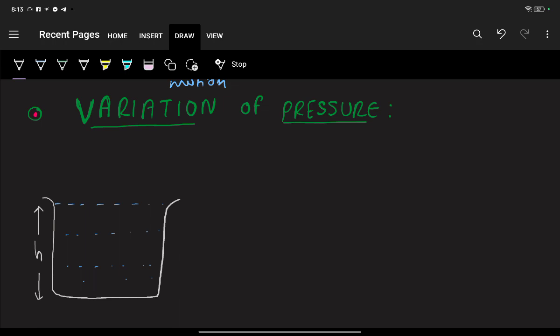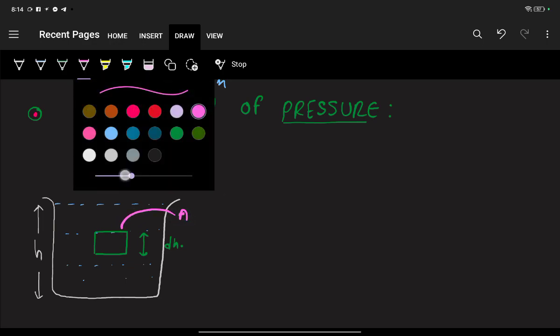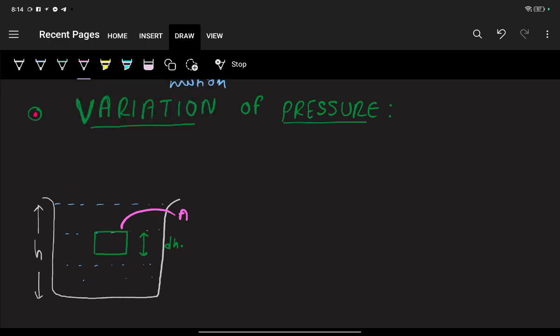Now let's take an element over here. Its height is dh, and let's say its area is A. First of all, let's say this is point a, small a, and this point is b, small b.